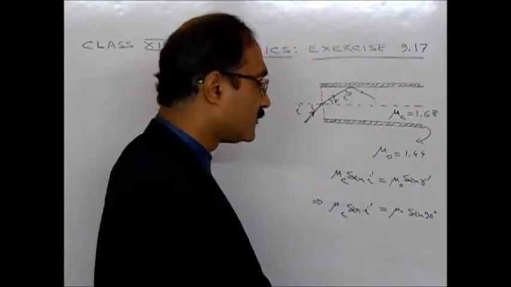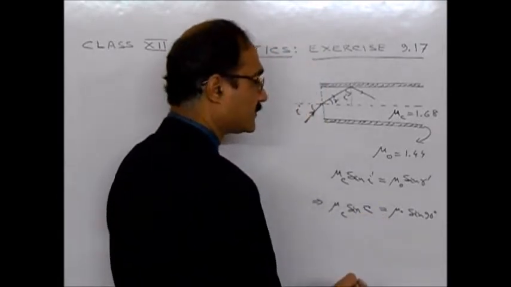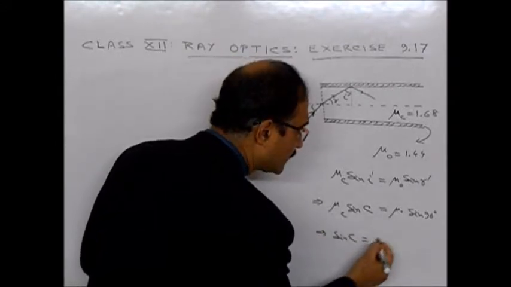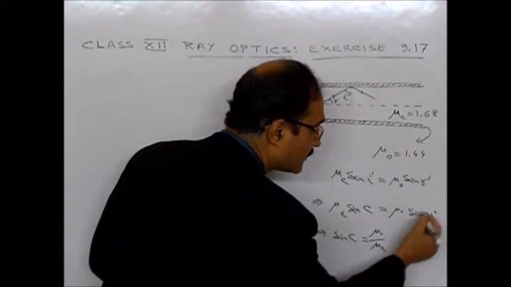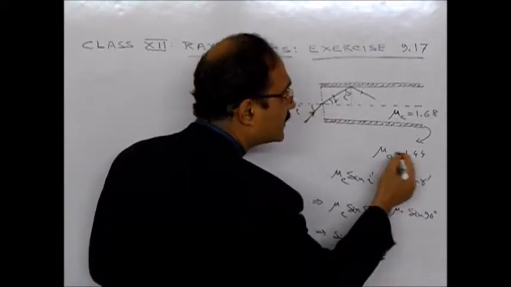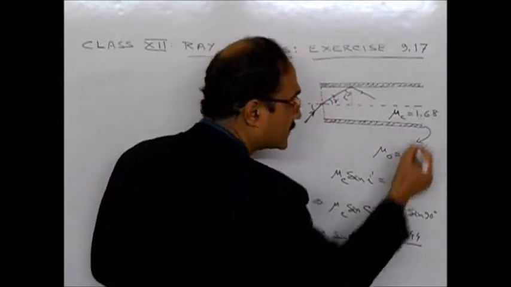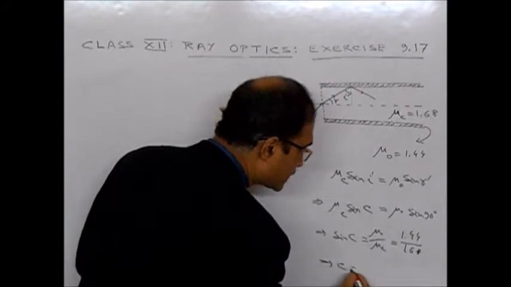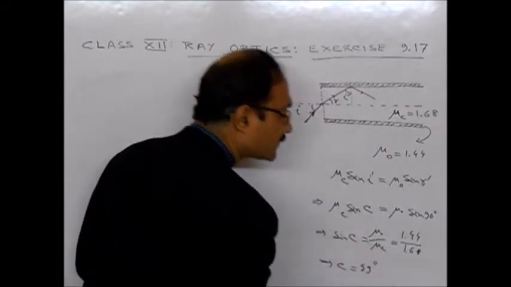So I want the critical angle, let's call it C. That means sine of C will be mu naught by mu c, because sine 90 becomes 1. Mu naught is given to be 1.44, mu c is given to be 1.68. So we'll see that this critical angle C will come out to be 59 degrees.